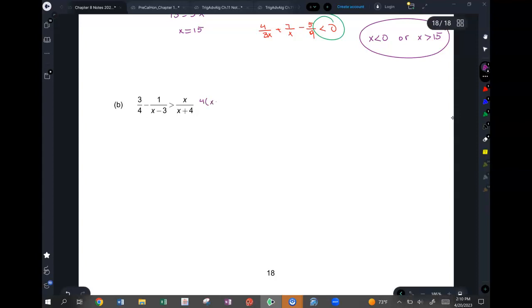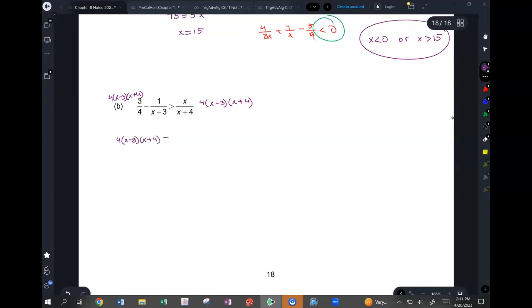What's the LCD? 4x minus 3, x plus 4. Okay, so what we're going to get is 4. I kind of skipped that part, I'll go back to it. Minus 4. Oh, no, there's no 4 here. Oh, there was a 3, not a 4. Okay. So minus 4 x plus 4 equals 4x, x minus 3.